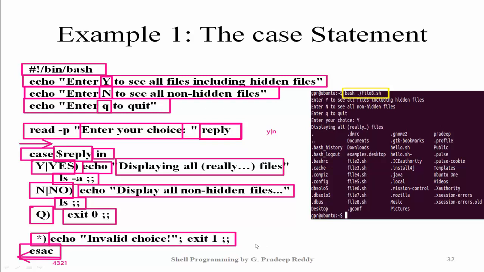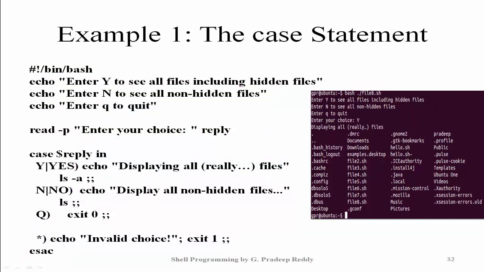The file name is file8, which I have stored in my Ubuntu. So I can execute sh space filename dot sh, followed by dot slash filename dot sh, or bash space dot slash file8 dot sh. Any of these commands will work.